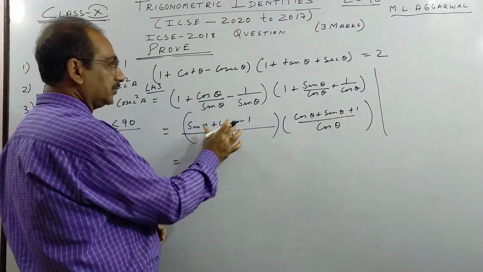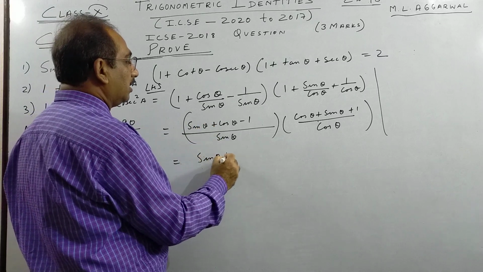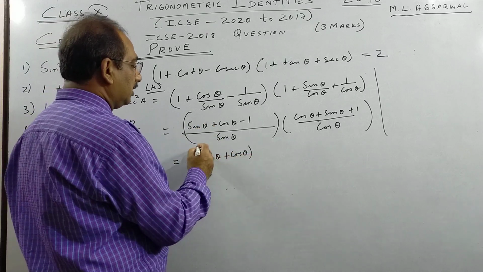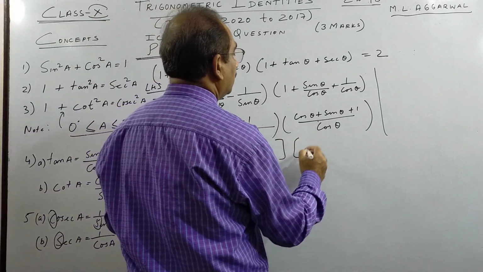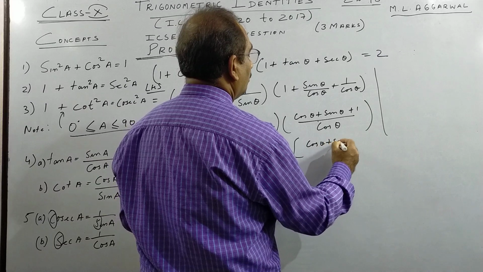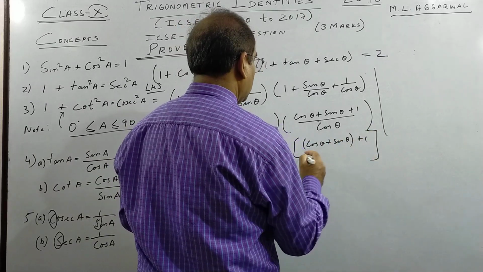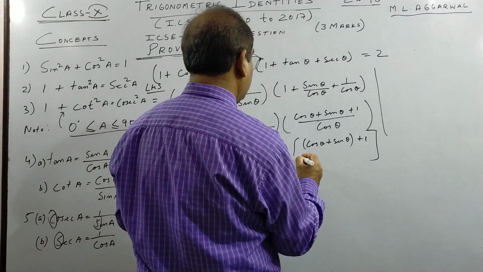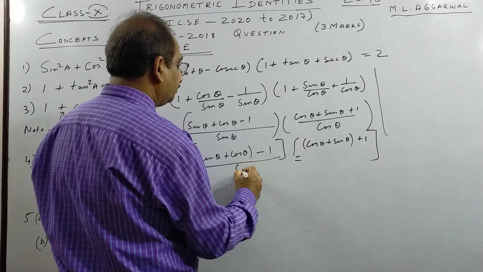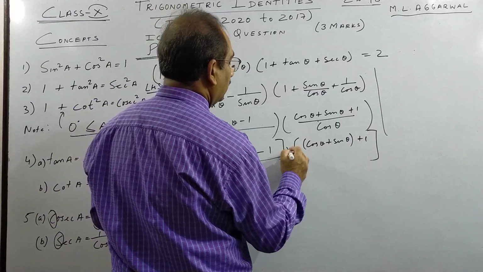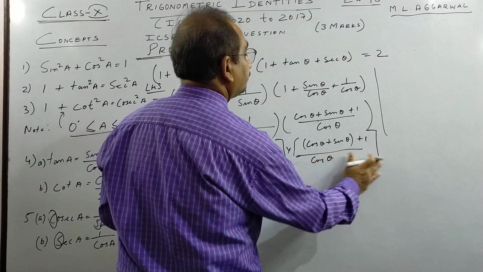Now see, if you see this nicely, you will see this is sine theta plus cos theta. See the use of bracket, minus 1. See the use of bracket, children. Cos theta plus sine theta plus 1. And this is divided by sine theta, and here it is cos theta.